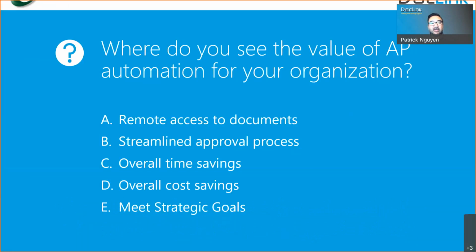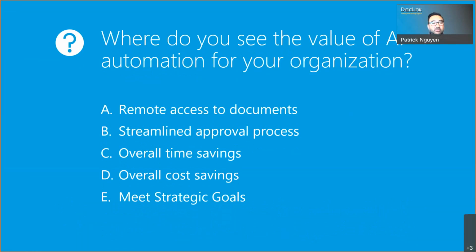And we're going to have some polling questions, so I'd love you folks to be interactive and work with us on the polling. With that, we come to our first polling question, and Lauren, if you can pop that up on the screen, let the folks select the best answer. Where do you see the value of AP automation for your organization? Is it having the capability for remote access to documents? Is it B, a streamlined approval process and not having a manual approval process?